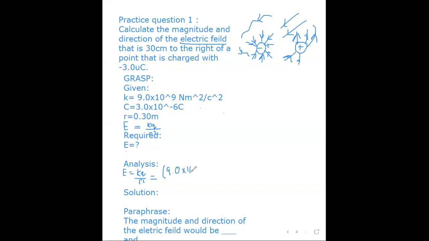I won't include the units because it gets very messy on the whiteboard, since I'm using the trackpad and it's difficult to write out the units because they're very small. So I'll just write out the values. 9.0 times 10 to the 9 is what we have for k. Q, remember, is the value of the charged particle, but we converted the microcoulombs to coulombs. So negative 3.0 microcoulombs is actually 3.0 times 10 to the negative 6.